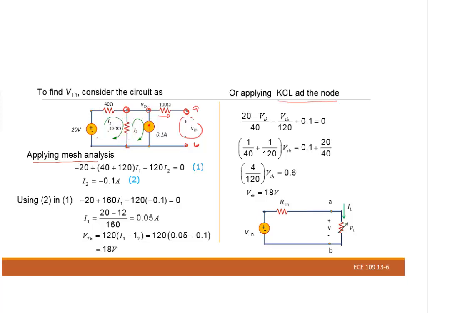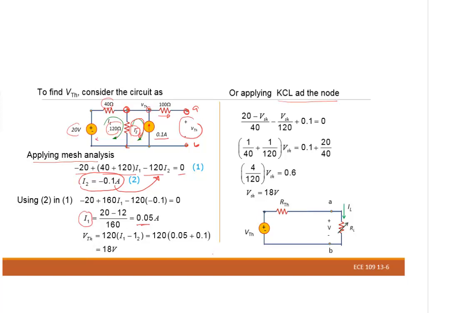If I set the mesh here: negative 20 volts plus 40 and 120 times I1, minus I2 because it goes opposite, times 120. Looking at the second mesh, we can see I2 is equal to negative 0.1 ampere because they're opposite. If you apply this here, then we can find I1 easily.